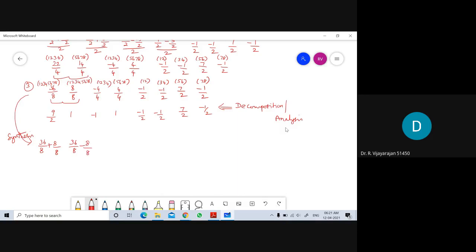Then don't touch the other values, you write them as such: minus 4 by 4, 4 by 4, minus 1 by 2, minus 1 by 2, 7 by 2, minus 1 by 2. It is going to be 44 by 8, nothing but 22 by 4, 22 by 4. Then this is going to be 28 by 8, nothing but 14 by 4.